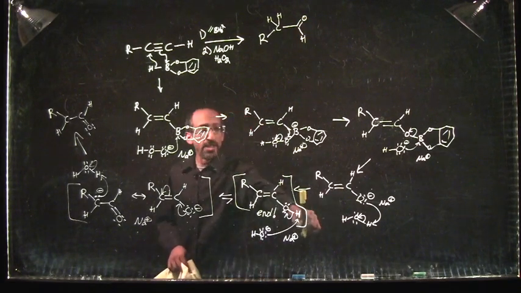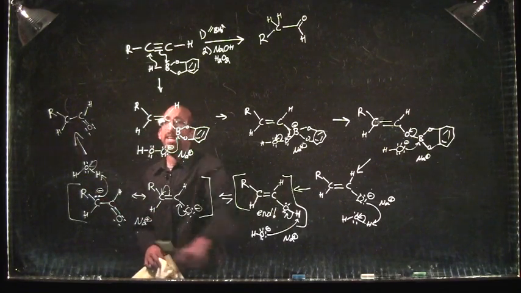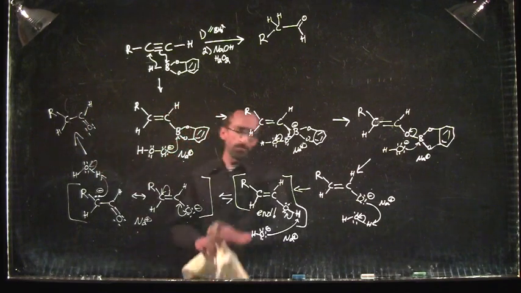Again, from this point forward, this is still considered keto-enol tautomerism. It's just that we don't end with a ketone, we end with an aldehyde.